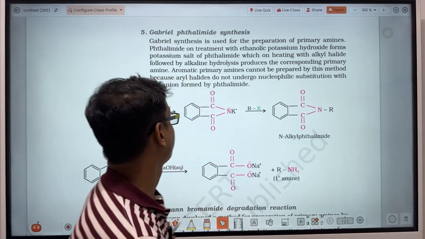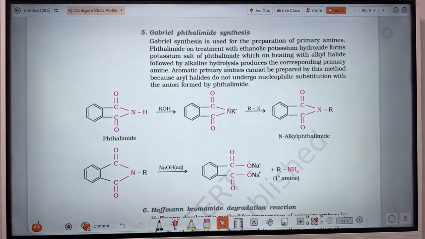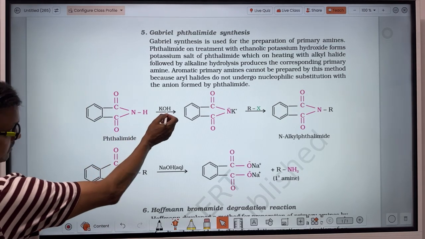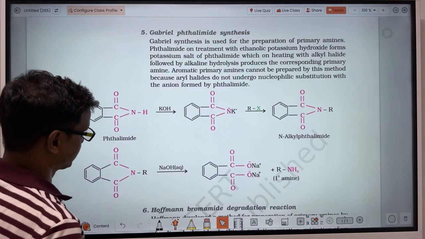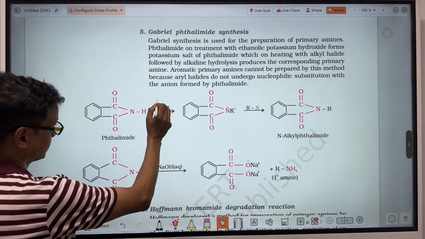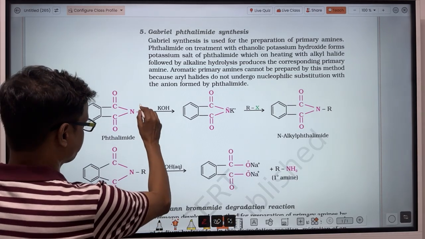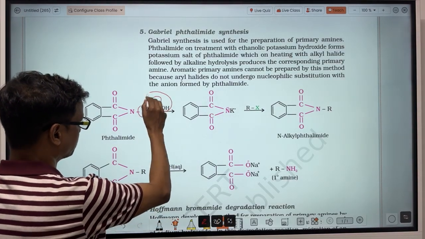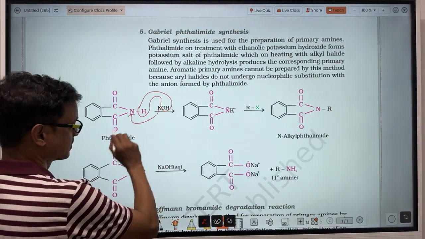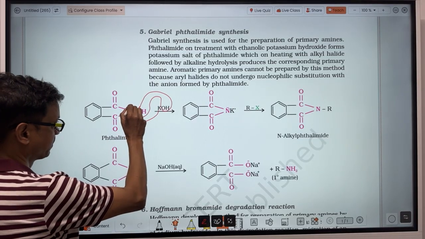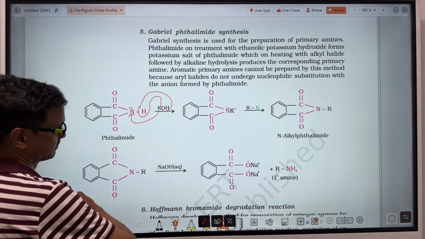So phthalimide has been taken, and KOH, potassium hydroxide, is taken. Then this hydrogen will combine with this OH to form H2O, and potassium will combine to this one. Why? There is a lone pair of electrons at the nitrogen.